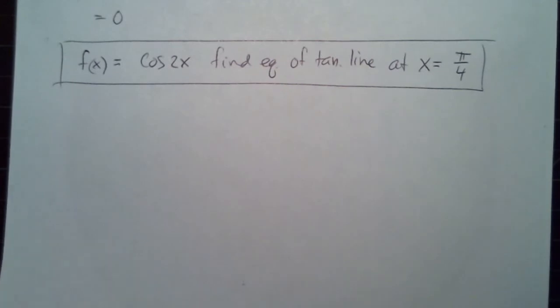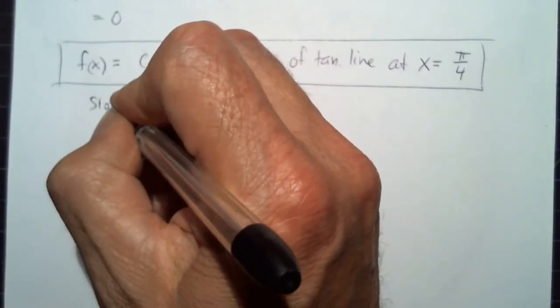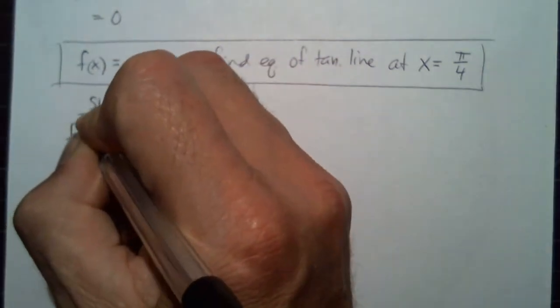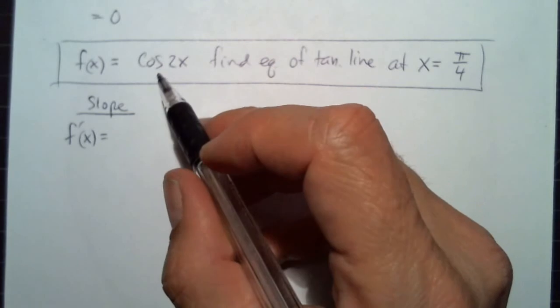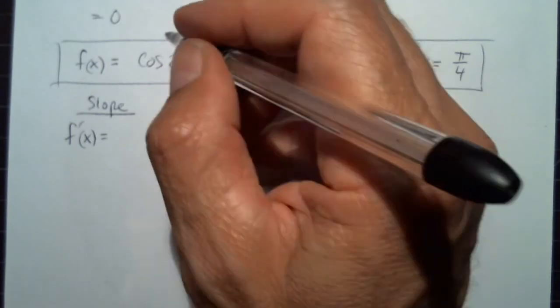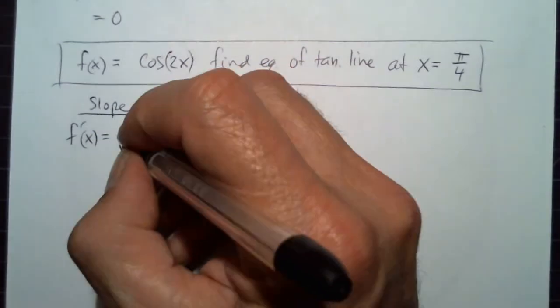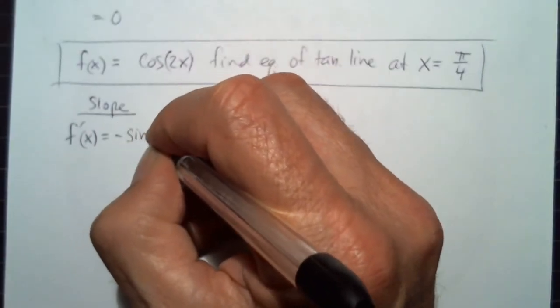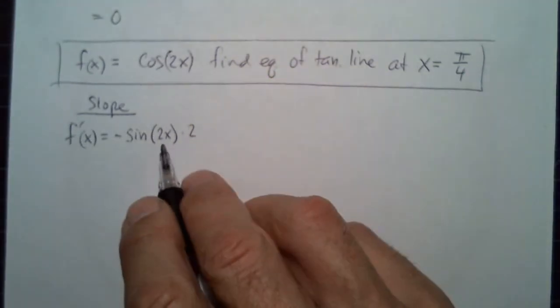Okay, pause the video and try this one. And we have outside and inside. So we'll do the derivative of the outside. That's negative sine, leaving the inside the same, times the derivative of the inside.